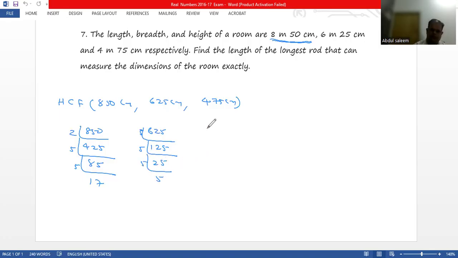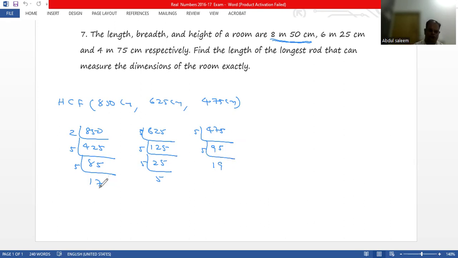Then 475 is divisible with 5, it is 95, then again with 5 it is 19.